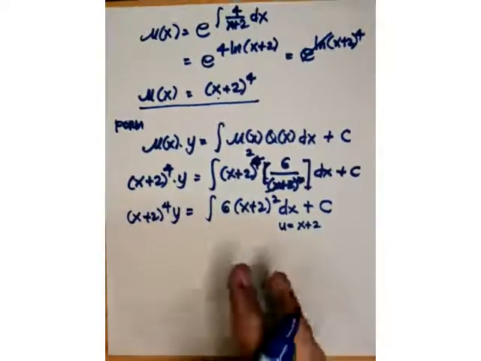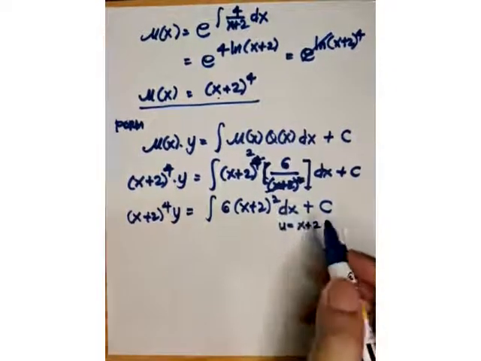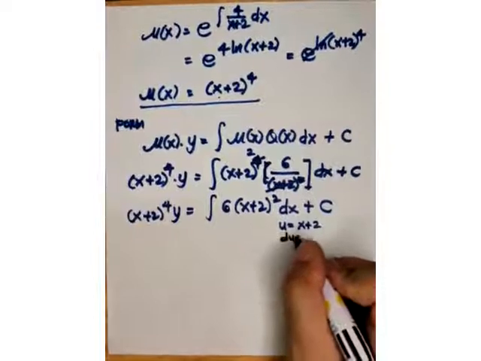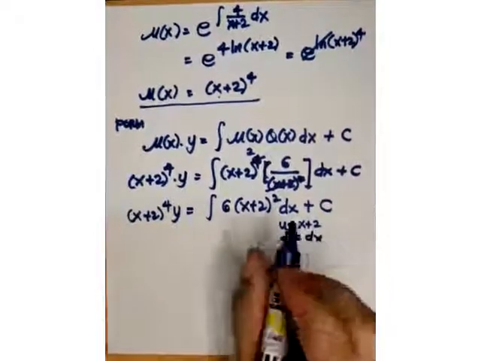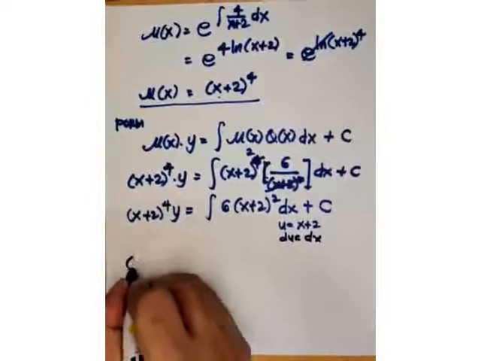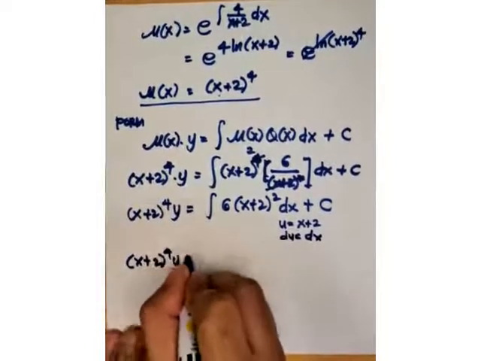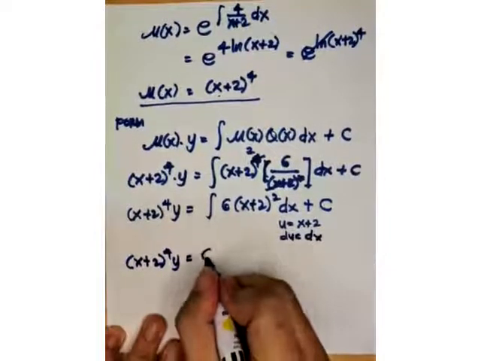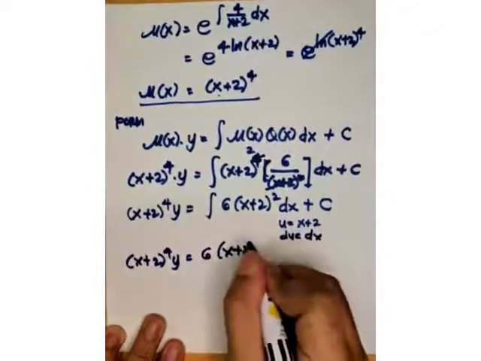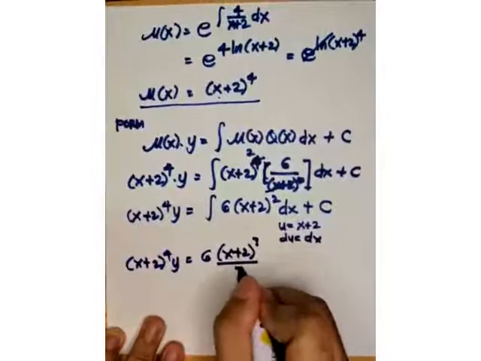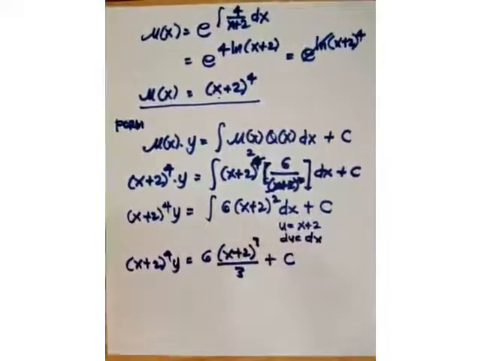Okay, so I will be using the power rule with the chain rule. So our du is equal to dx also. Therefore, the integral is: x plus 2 to the fourth y is equal to 6 times x plus 2 cubed over 3 plus c.